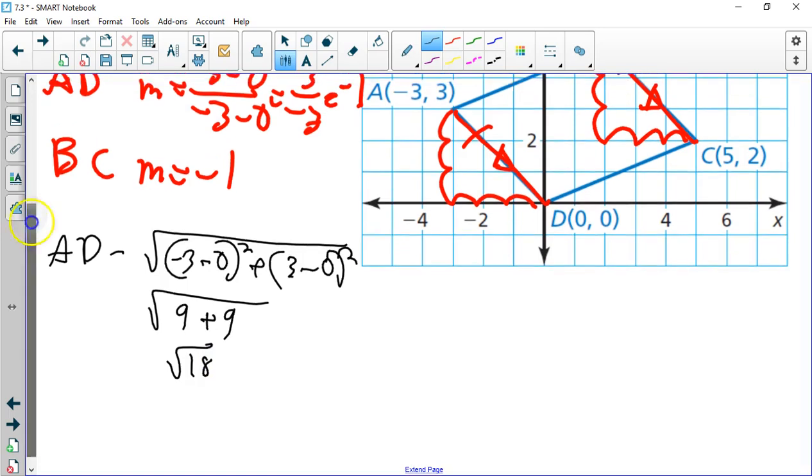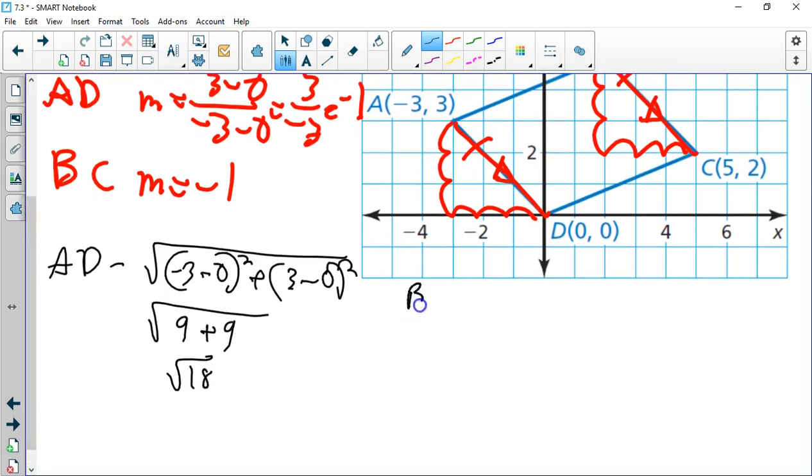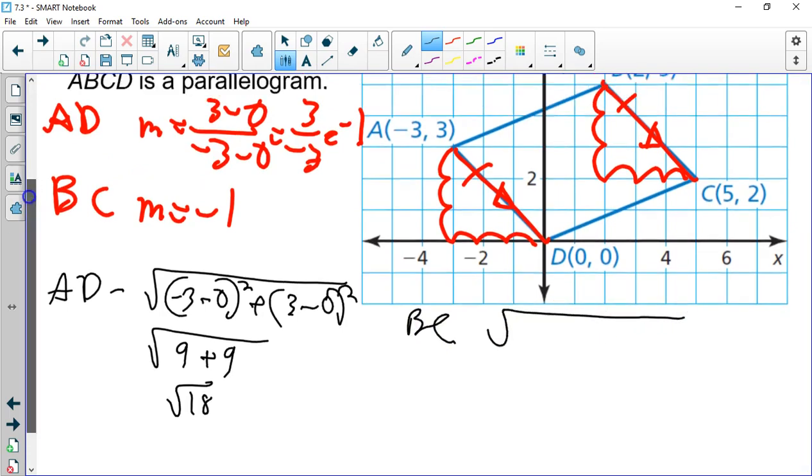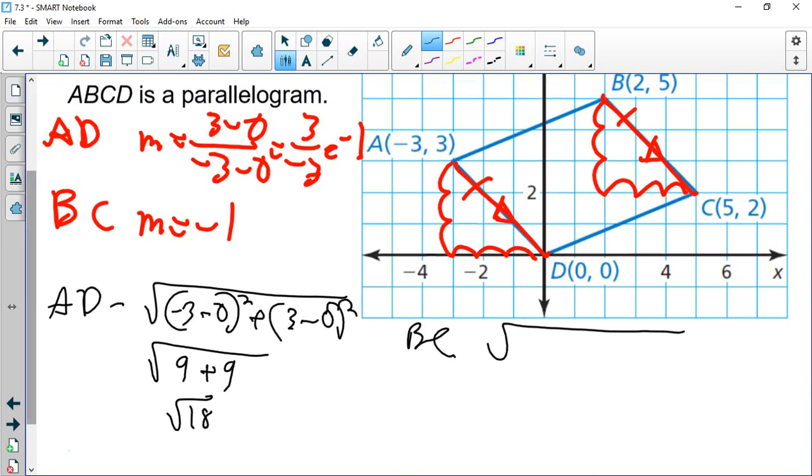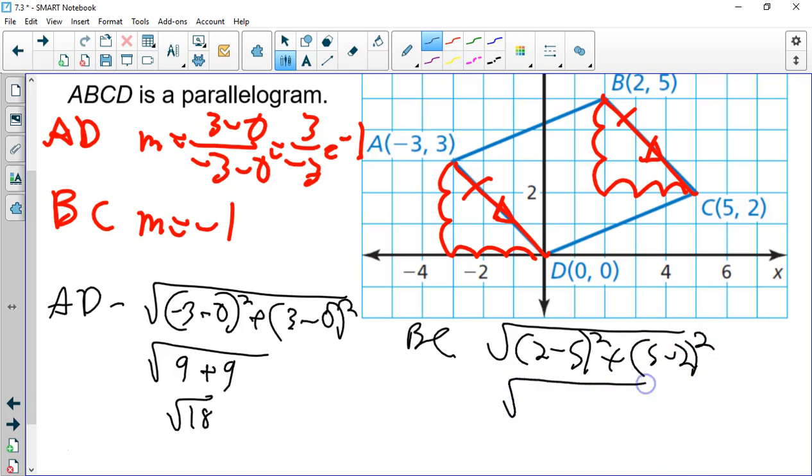Now I'm going to do the distance of BC. So for BC, I'm going to do 2 minus 5 squared plus 5 minus 2 squared. And hopefully you can see where this is going. Let me just go right to the numbers. Negative 3 squared is 9 plus 9. Well, look at what we have here.